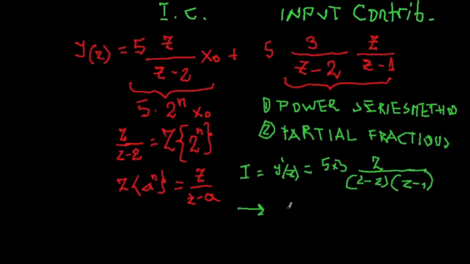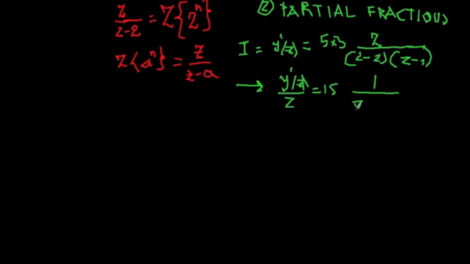So we put the z here, and now, let's say this is 15, we have a structure that looks like the following: 1 over z minus 2 and z minus 1.